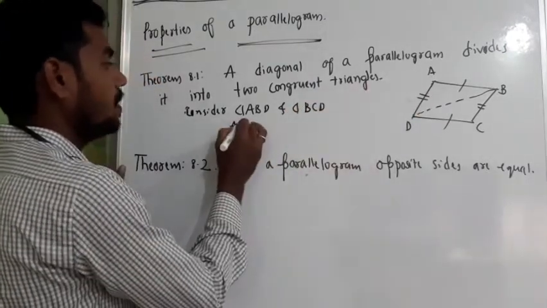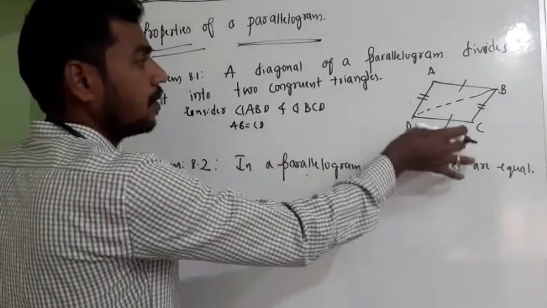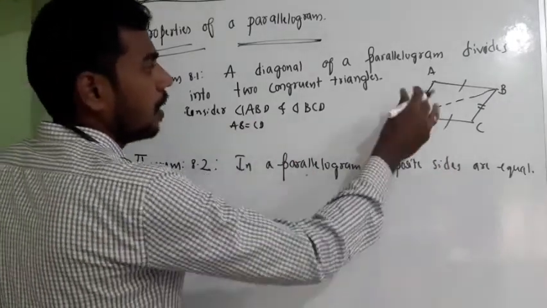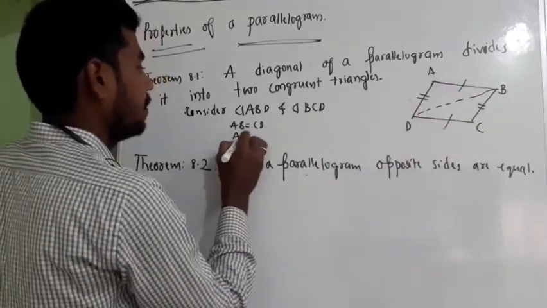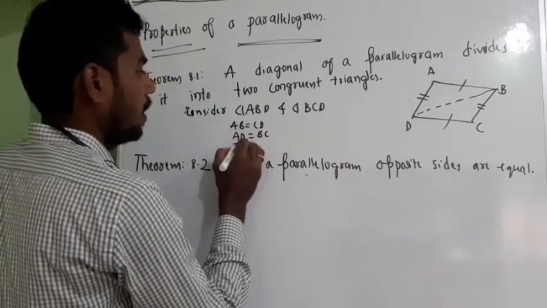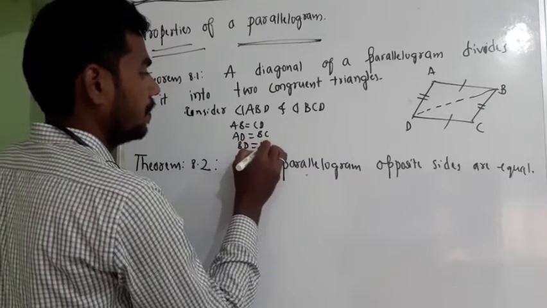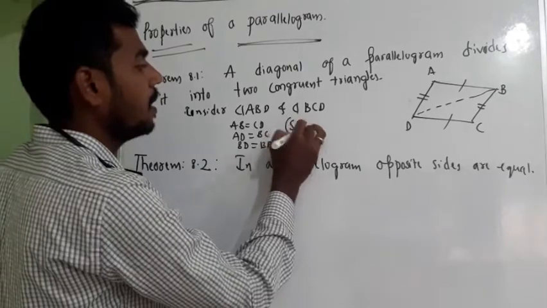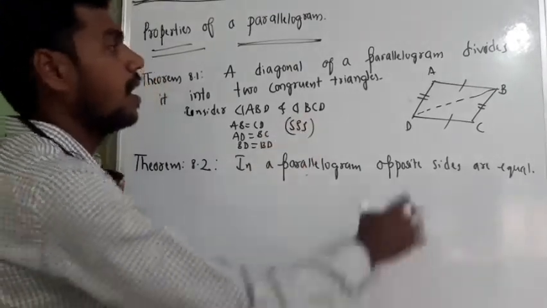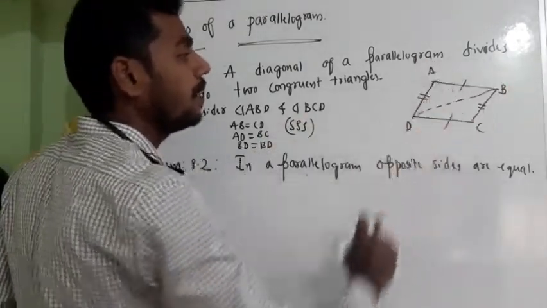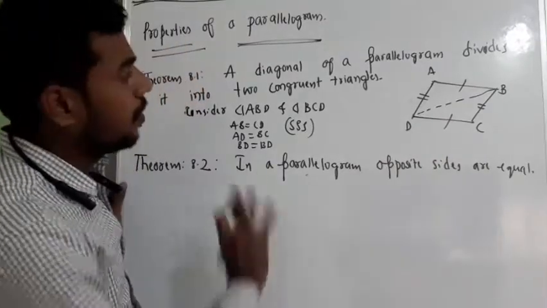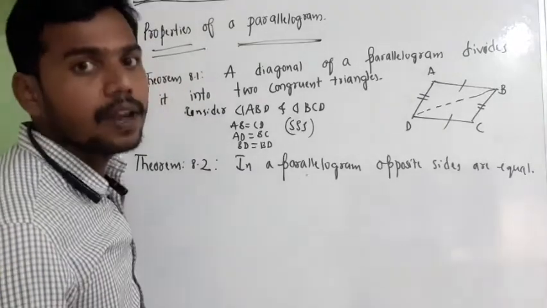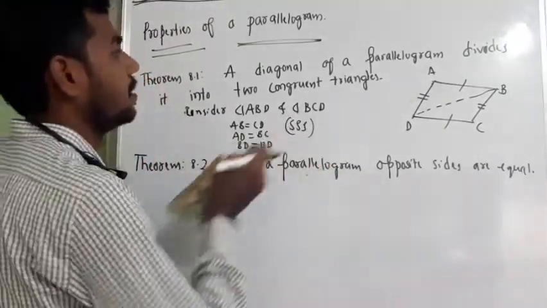AB is equal to CD, AD is equal to BC, and BD is equal to BD. Through the SSS congruence criterion, triangle ABD is congruent to triangle BCD. That is what they are telling: a diagonal of a parallelogram divides the parallelogram into two congruent triangles.